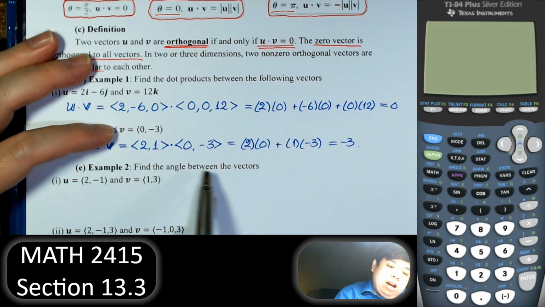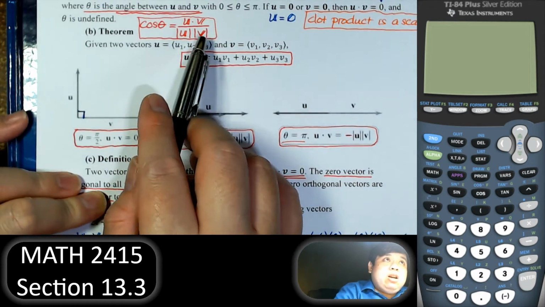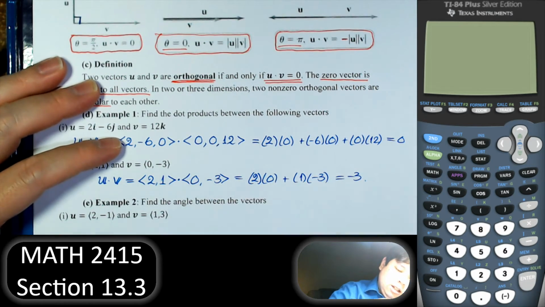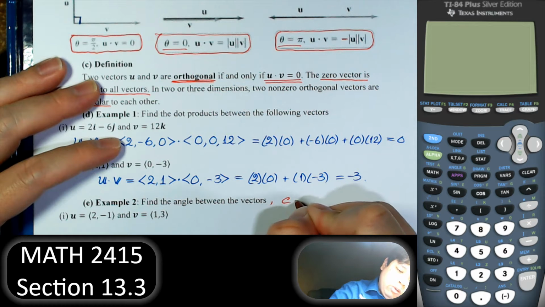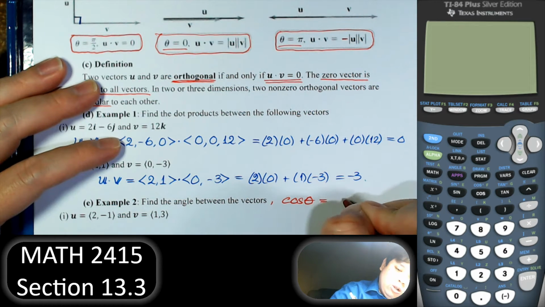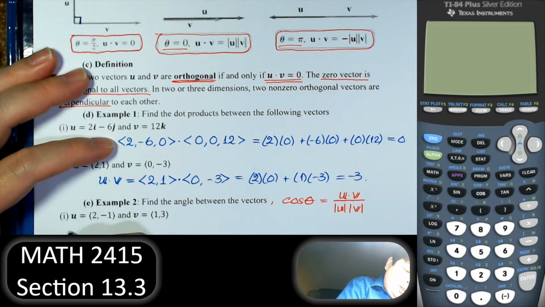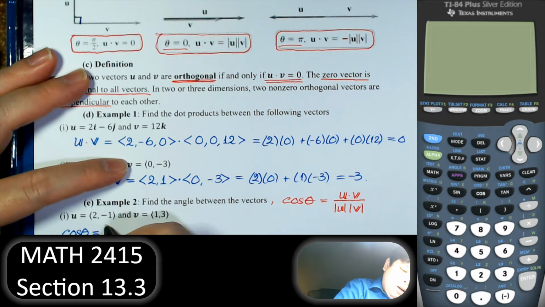Right, now find the angle between them. The angle between two vectors is given by that. So for the angle between two vectors, we have cosine theta equal to the dot product over the product of the magnitudes.